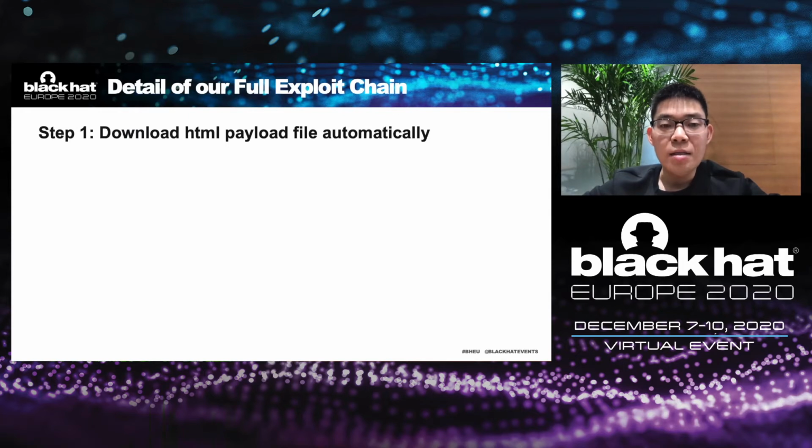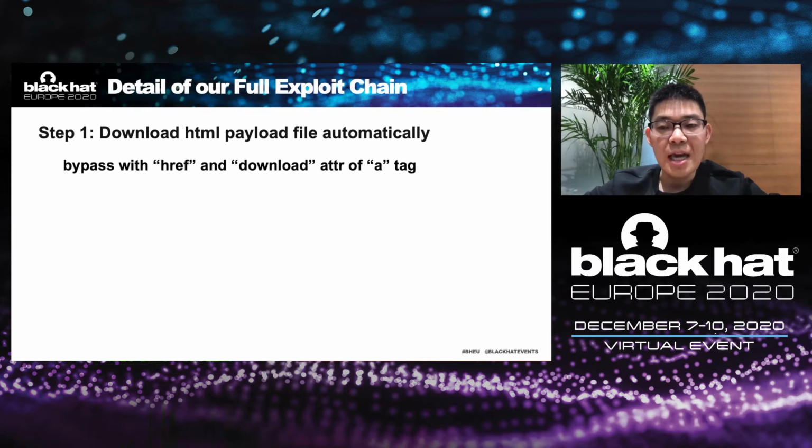In step 1, we should download the HTML payload file to external storage automatically. We tried many ways, using href and the download attribute of the HTML A tag, and simulating a click on the A tag by JavaScript.